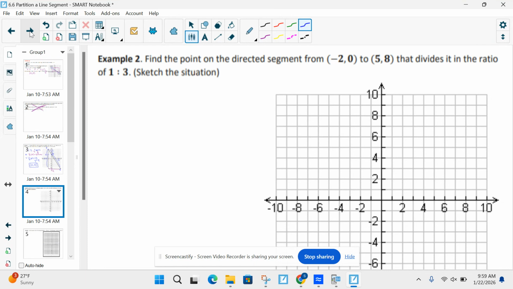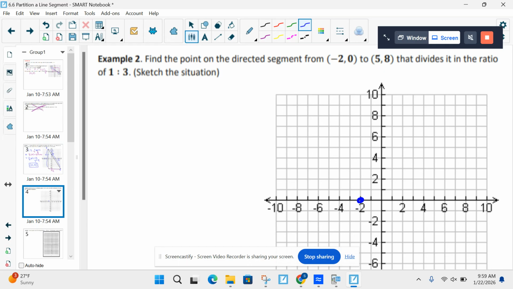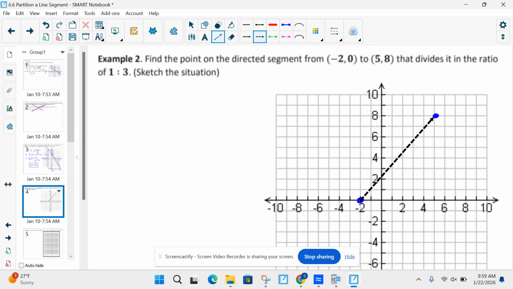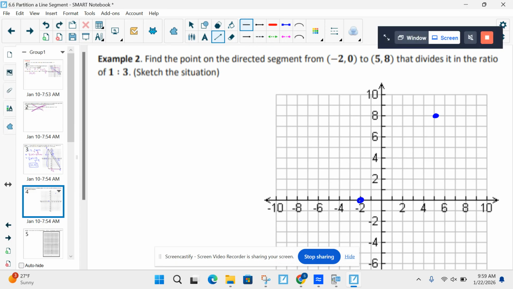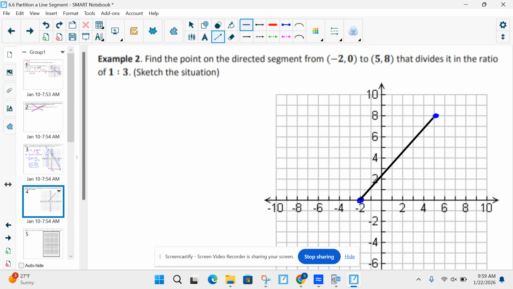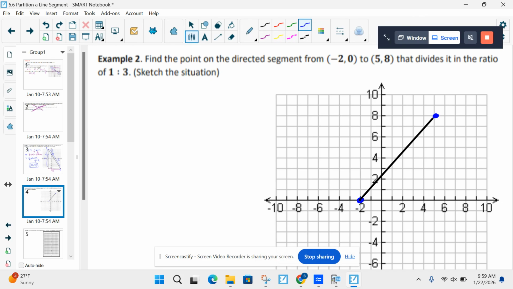-2, 0 to 5, 8. This one I think might be a little easier to understand because you're not jumping across all 4 quadrants.